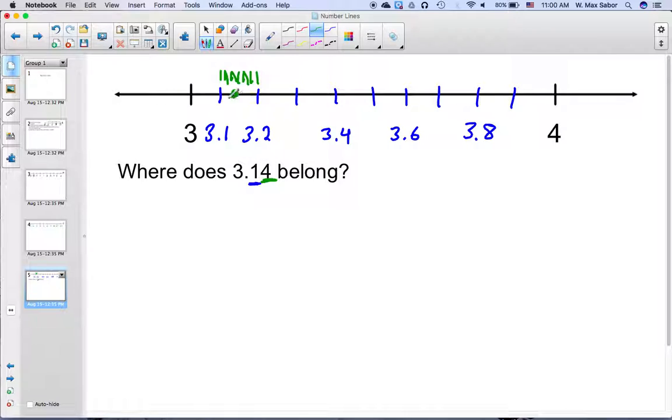It's going to be hard to tell exactly where that is without a ruler, but this is the idea of where 3.14 belongs. It's 3 units, 1/10, which brings us here, and then 4 hundredths. Each of these small pieces is a hundredth. Oh, you could also think of this as we did 10 hundredths here, and then here's another 4 hundredths out of all 100.